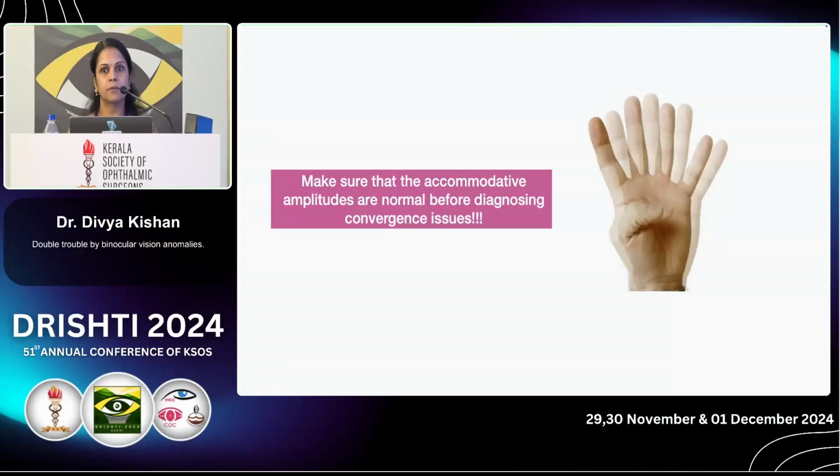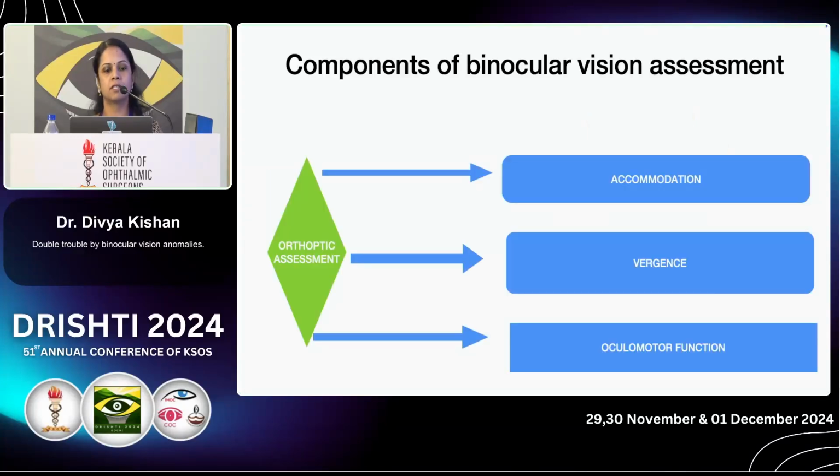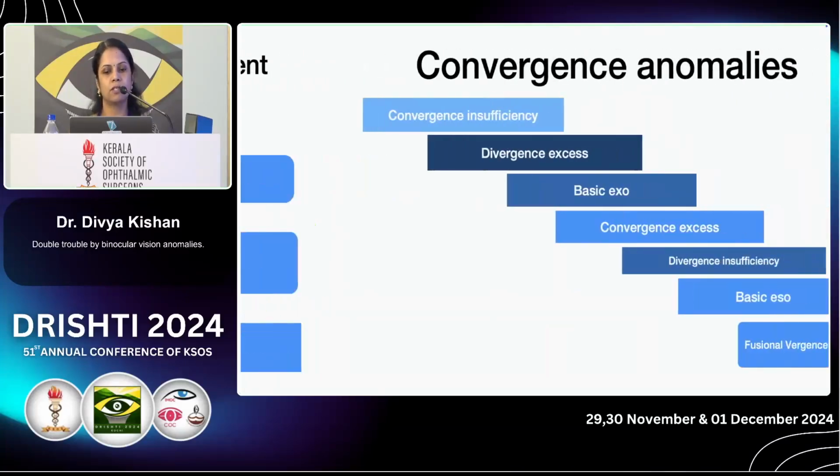And moreover, an underlying accommodative problem can present as a secondary convergence issue. So it is mandatory that in any child in whom you suspect a binocular vision anomaly, a comprehensive assessment of the orthoptics is done, which includes the analysis of accommodation, vergence, and also the oculomotor function.